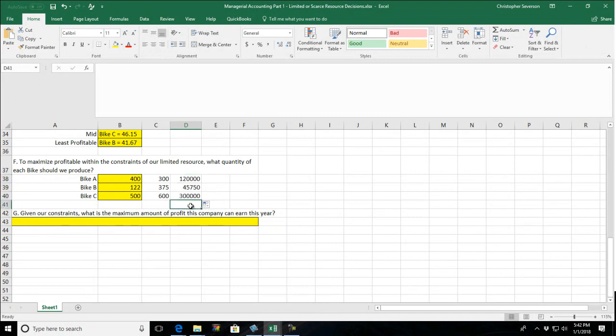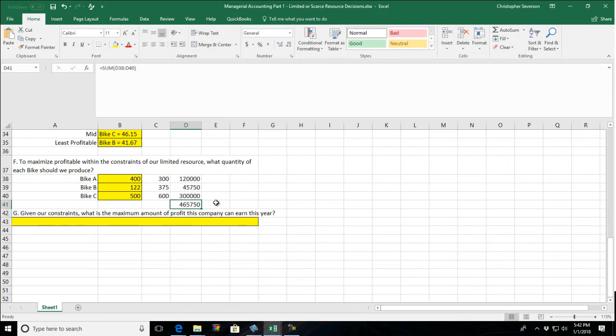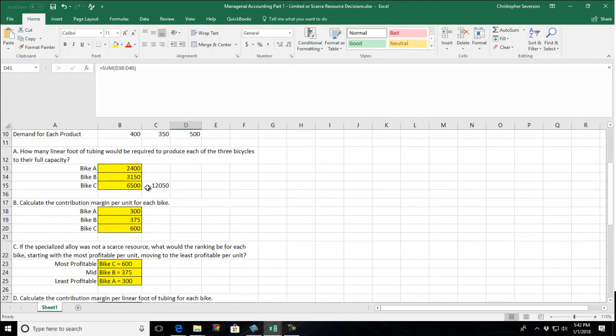So if we just do a little subtotal here, what I did was multiply the quantity of each bike by the contribution margin. We end up with 465,750.